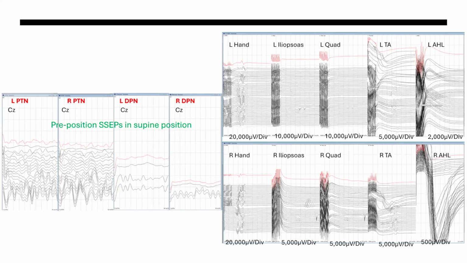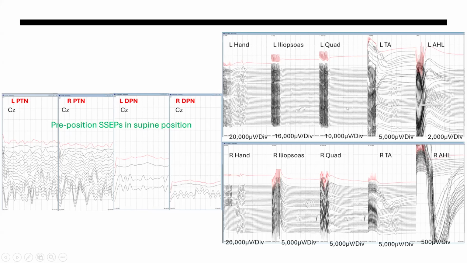What didn't sit right with us was that we didn't have any lower extremity motor potentials from this patient, which you can see are completely flat. So here's a hand, this is a control here, that's the little blip there. That's the hand motor. These are flat going across the top here. You can see iliopsoas, your quadricep, and your tibialis anterior muscles. These are all lower extremity muscles. There's nothing there, so no motors, and it's bilaterally no motors. And this didn't really make sense.